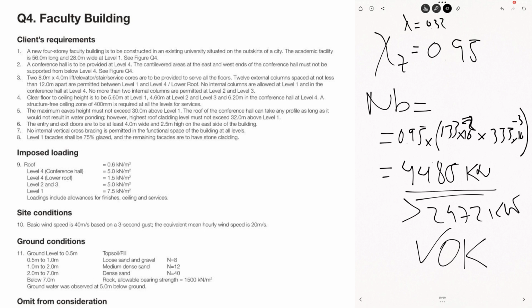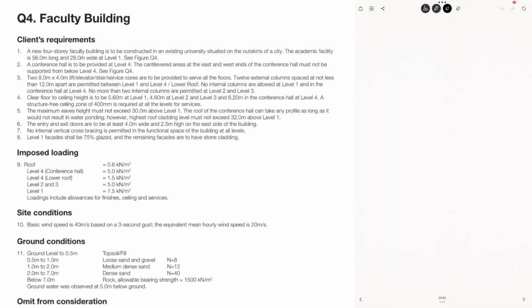Therefore, okay. And basically, that's how you prove that the bending capacity of the truss will be acceptable under the loads.